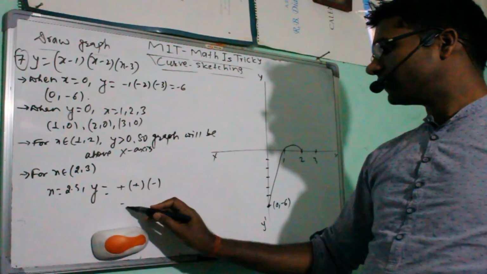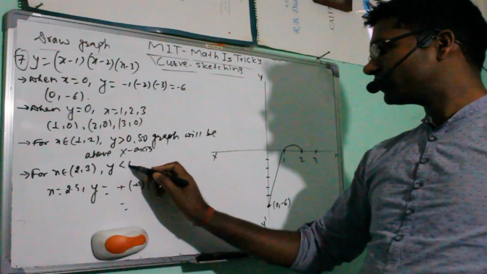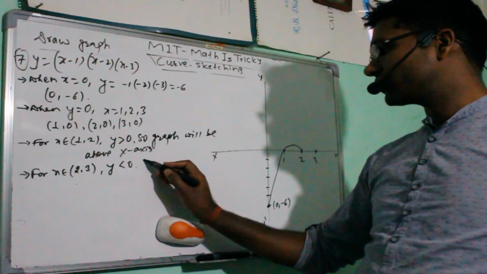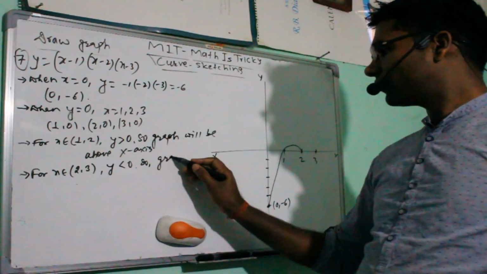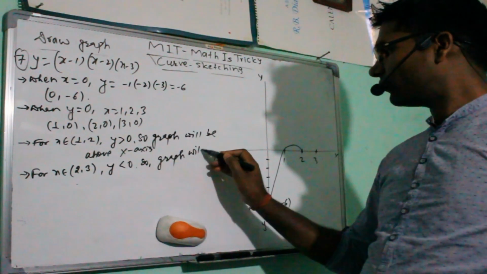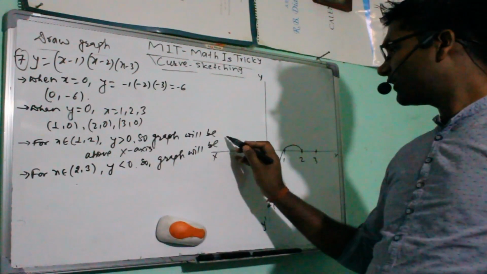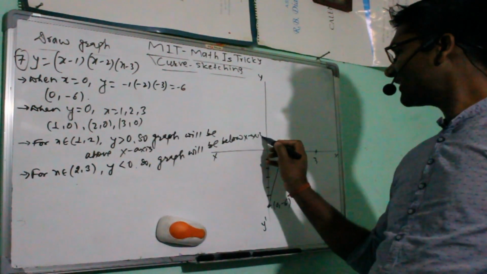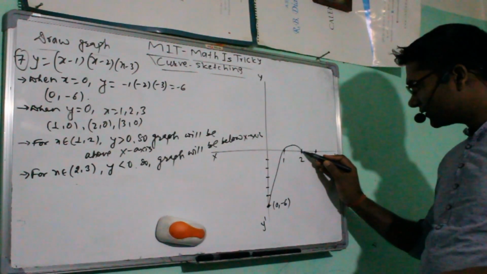The result will be negative. That means y is less than 0. So the graph will be below the x-axis. Okay, it is here just below.